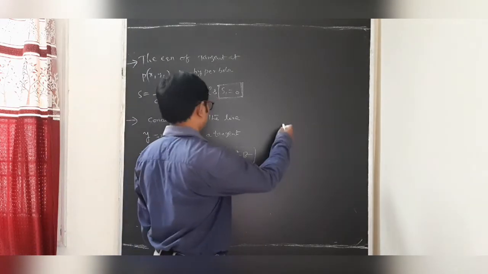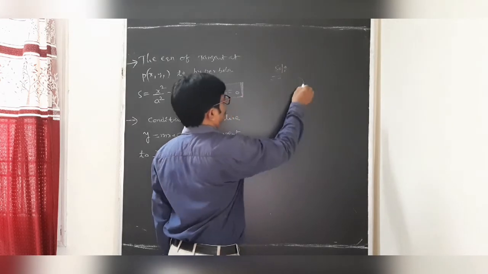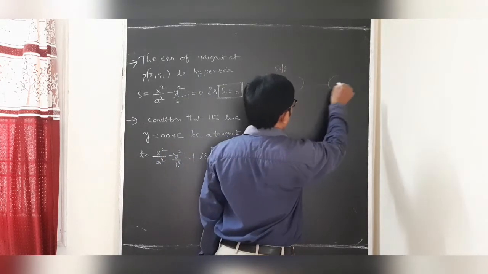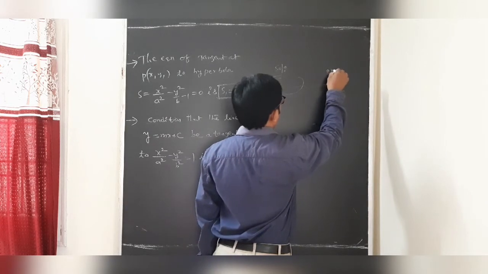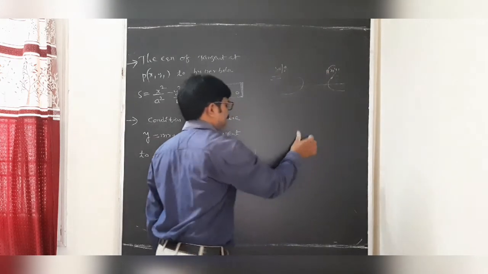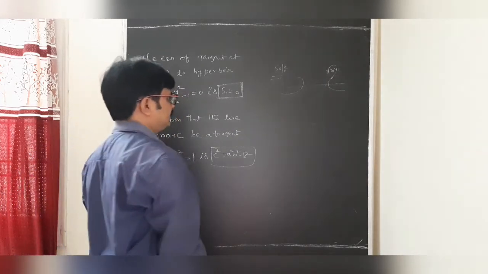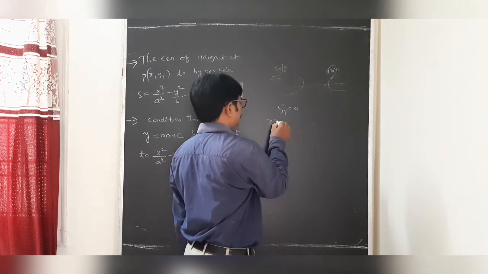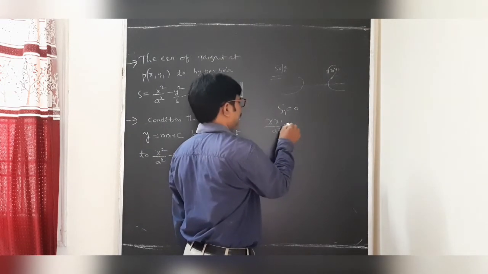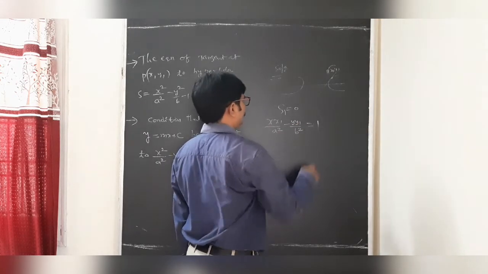Just one minute students, how can we prove this? Take the tangent at the point P(x1, y1). The equation of the tangent is S1 equal to 0, that is xx1 by a square minus yy1 by b square equal to 1.